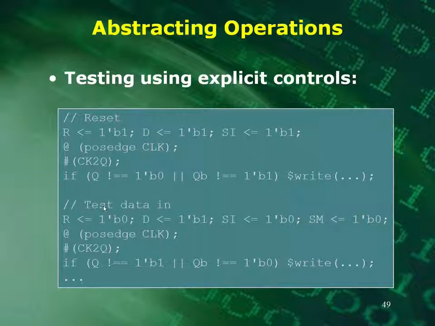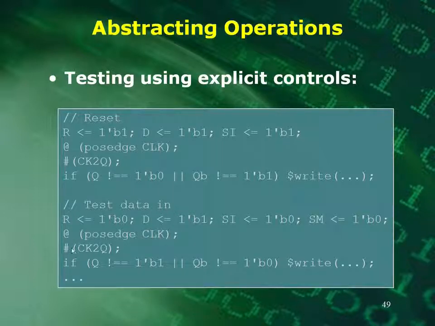And then I continue on and I say, okay, if that's okay, then let's test the data in. So here I've set the reset to 0, so this would be normal operation for the flip-flop. I've set the data input pin high. I set the scan mode input low, because I'm going to use it in regular mode, not scan mode right now. Here's scan mode set to 0, which says use the D. So I'm setting it the opposite of D, so that after it clocks, I want to make sure that I get what's on the D and not on the SI.